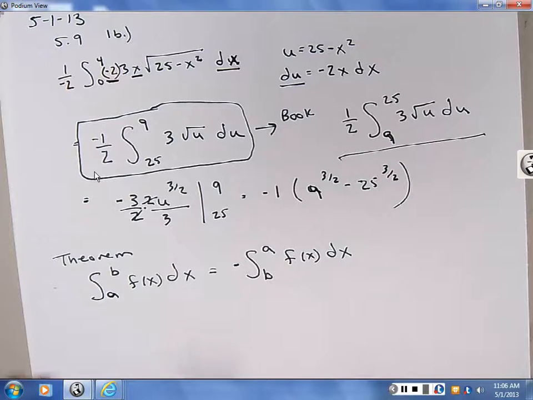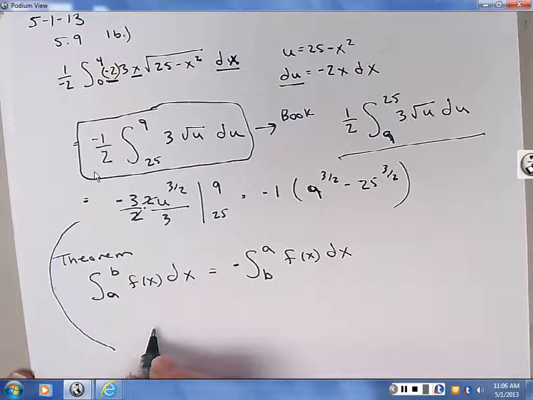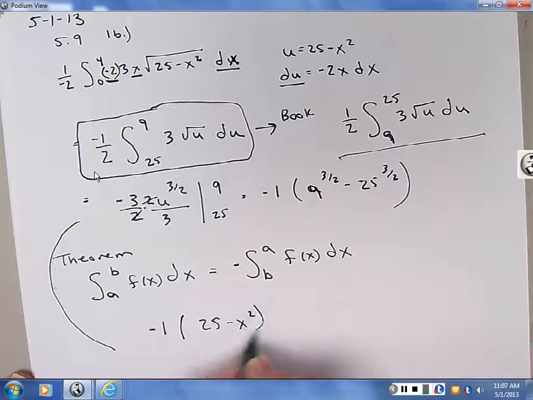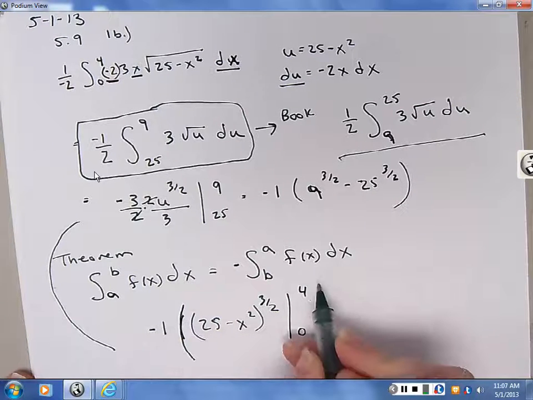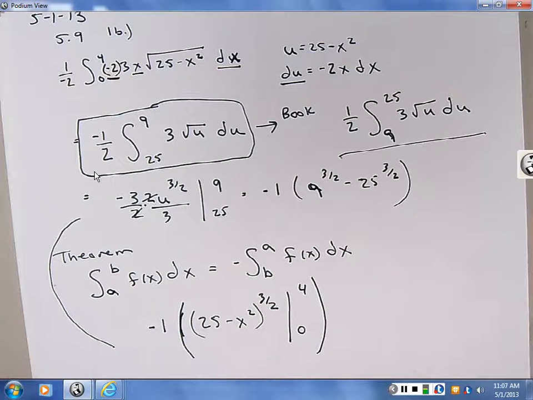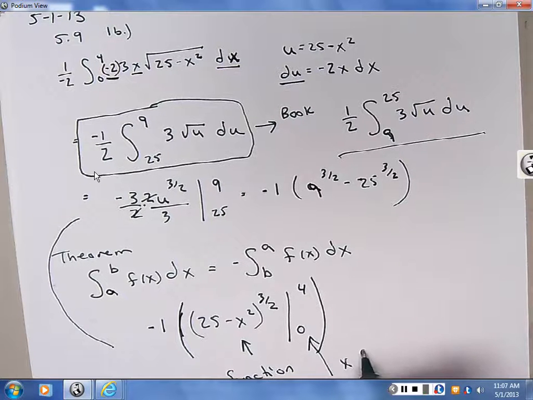So you could also write minus 1, 25 minus x squared to the 3 over 2 from 0 to 4. Put your x back in for u, and then you use your x bounds. So function of x bounds.